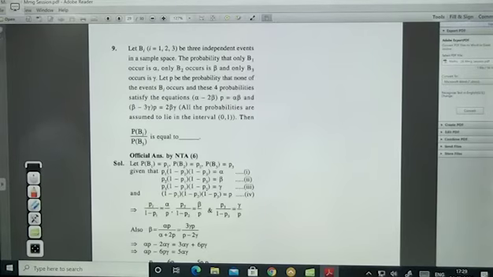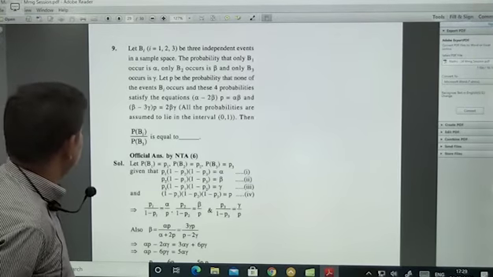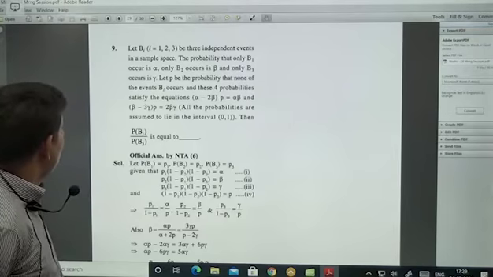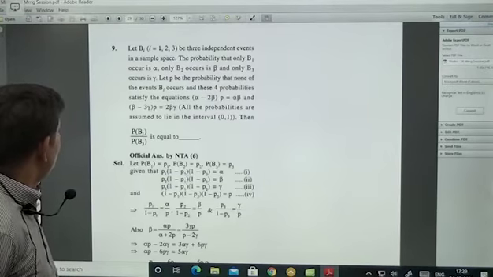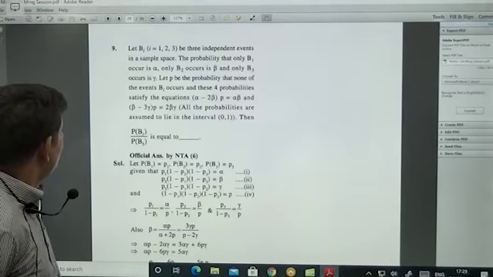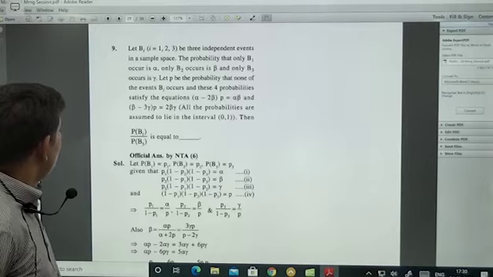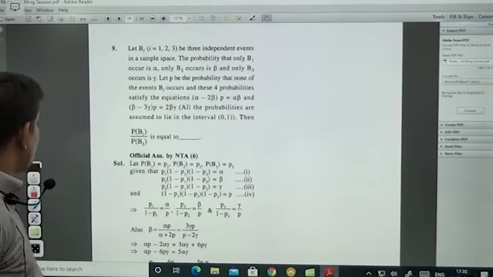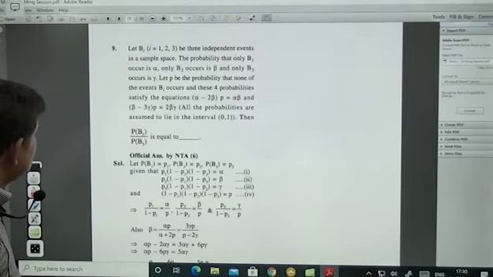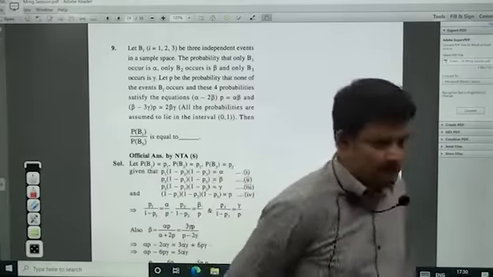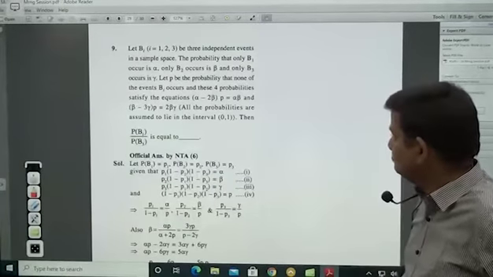And these 4 probabilities satisfy the equations: alpha minus 2 beta into P is equal to alpha beta. Then find P of B1 given B3.